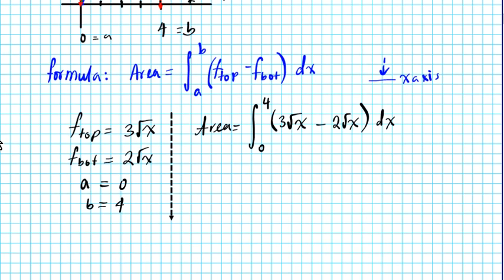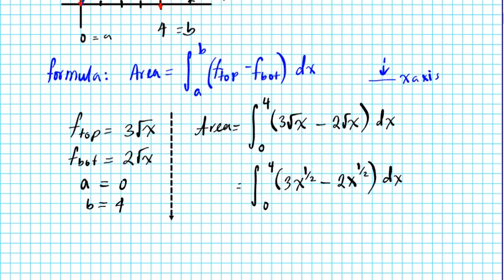Alright? Now we're going to use our power rule to evaluate these two integrals. In order to use the power rule, we have to express these two integrals as powers. So this becomes the integral from 0 to 4 of 3x to the 1/2 minus 2x to the 1/2 dx.